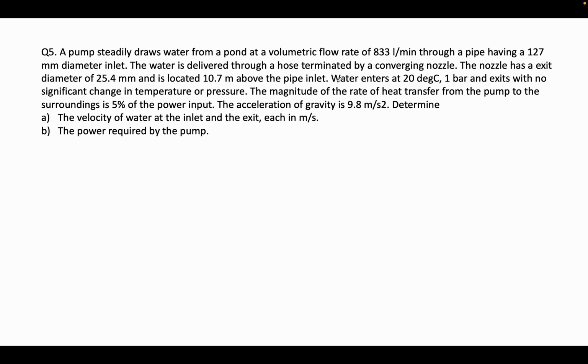So what is given to us? The volumetric flow rate is given, 833 liters per minute. We'll convert everything into SI. So this is 833 times 10 to the power minus 3 divided by 60, which gives in meter cube per second 0.0138 meter cube per second.